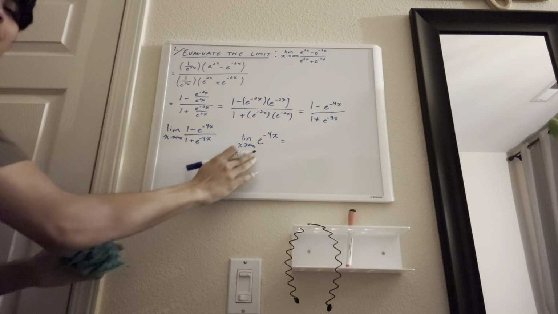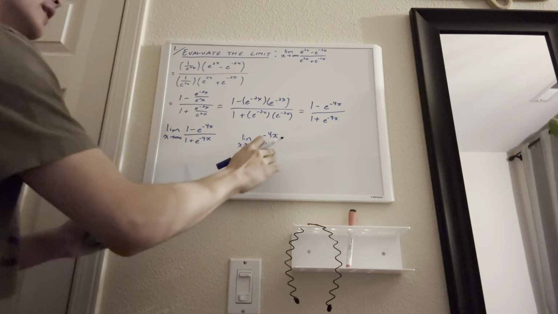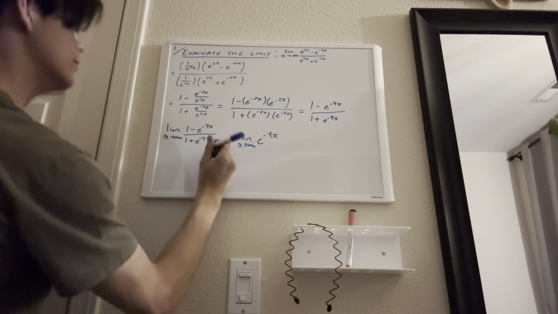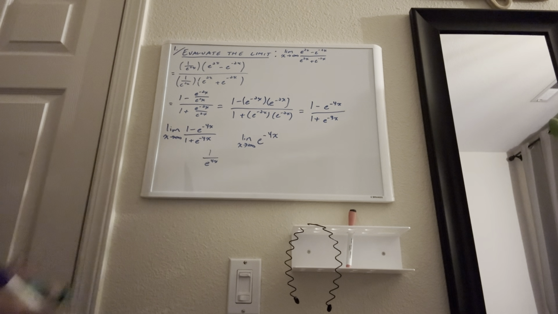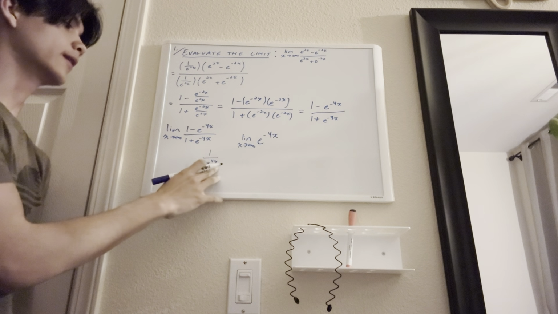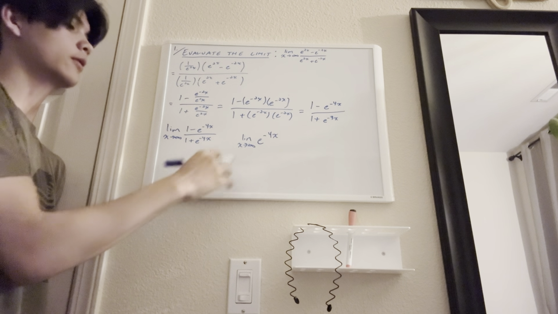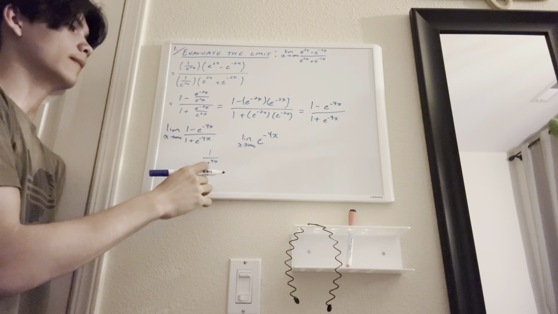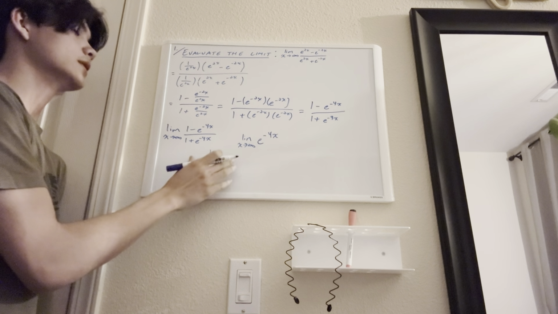Now this is something important to note. Because this is also just equal to 1 over e to the 4x, right? Whenever you have an x variable in the bottom, and you're solving for when that variable approaches infinity, this will always equal 0.